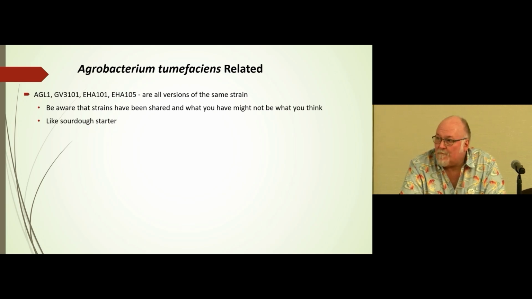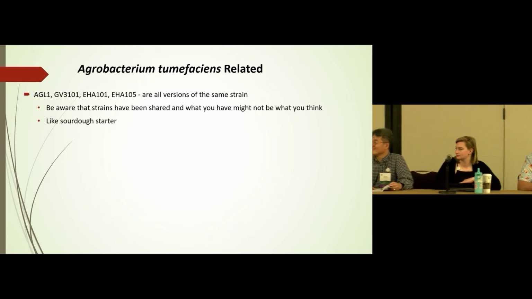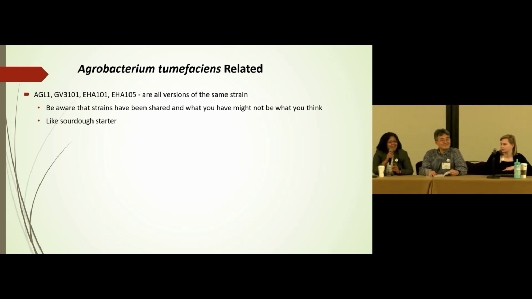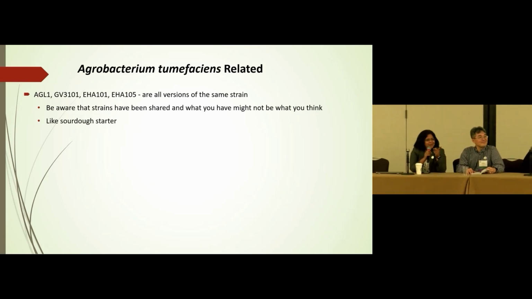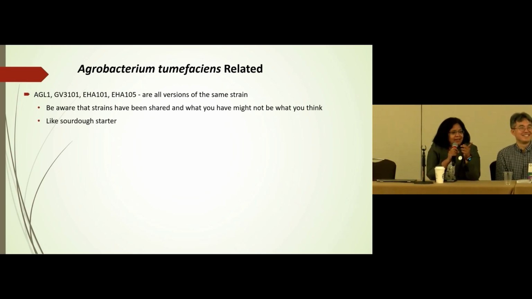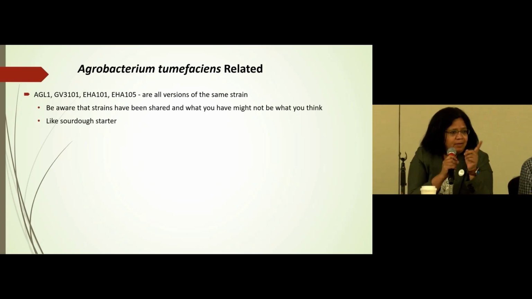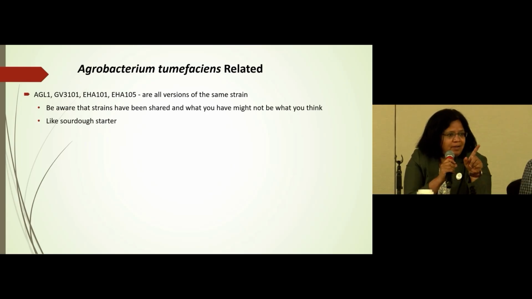I'll bet there are a lot of people who have experience with that, right? I would like Kiran Mysore to comment on that. He's a professor at Oklahoma State University, and he did his postdoc with Stan Gelvin.